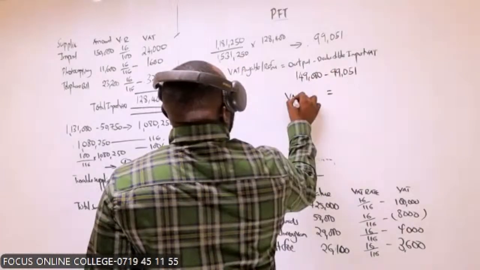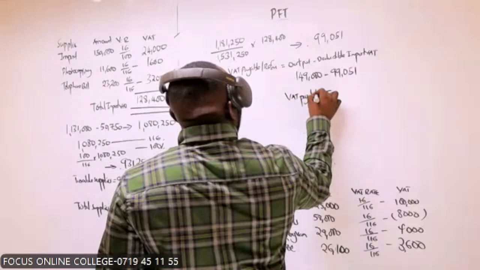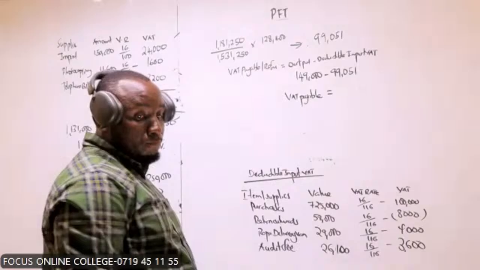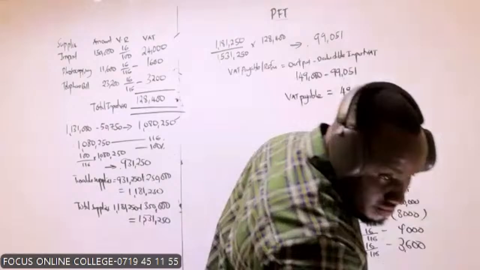So this is VAT payable. What is the VAT payable? The last one should be 9. 949.